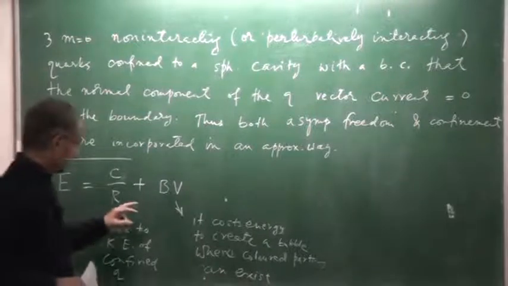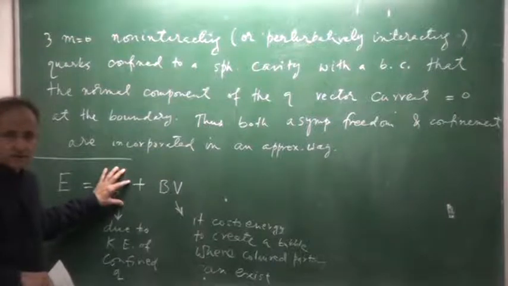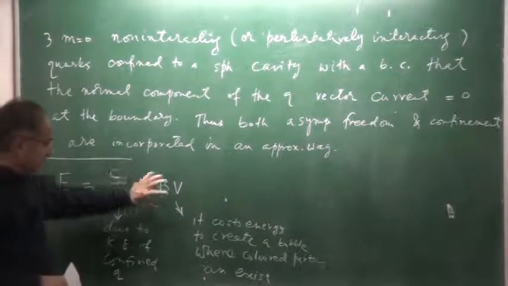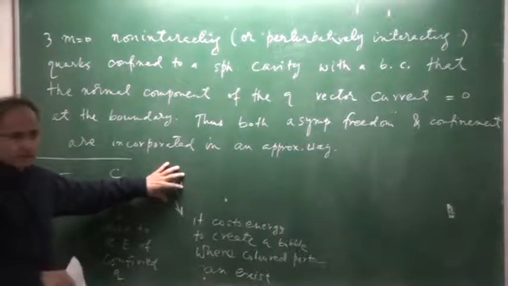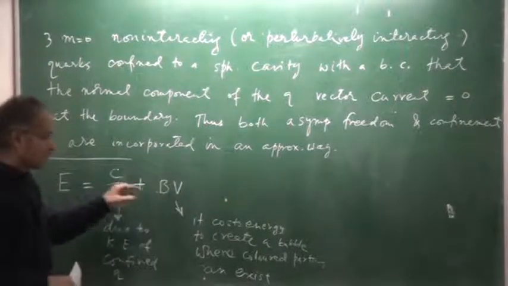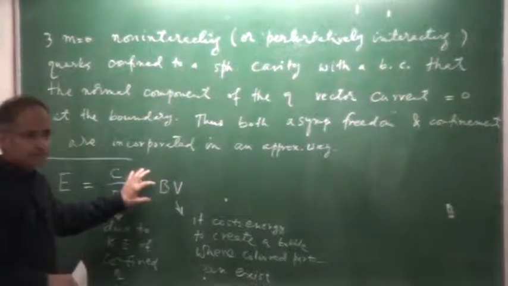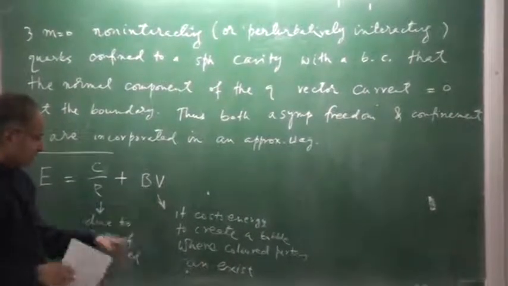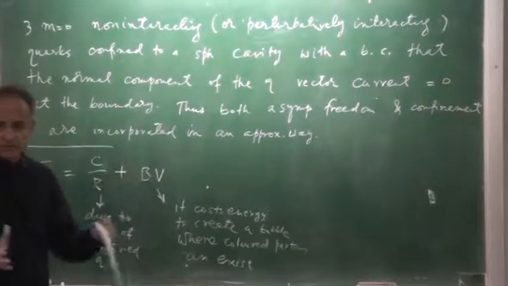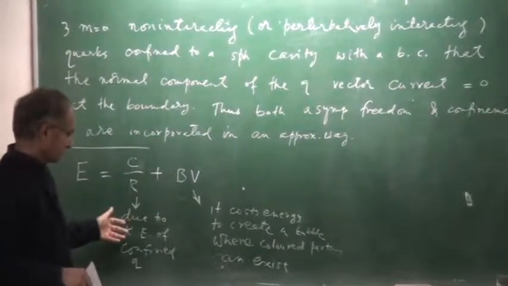So now you see this term will favor large R, because that will minimize energy. This term will favor a small R, because that also will reduce the energy. So there is a competition between these two terms, which will stabilize the bag. In other words, the vacuum outside is trying to squeeze the nucleon, but that's not happening.